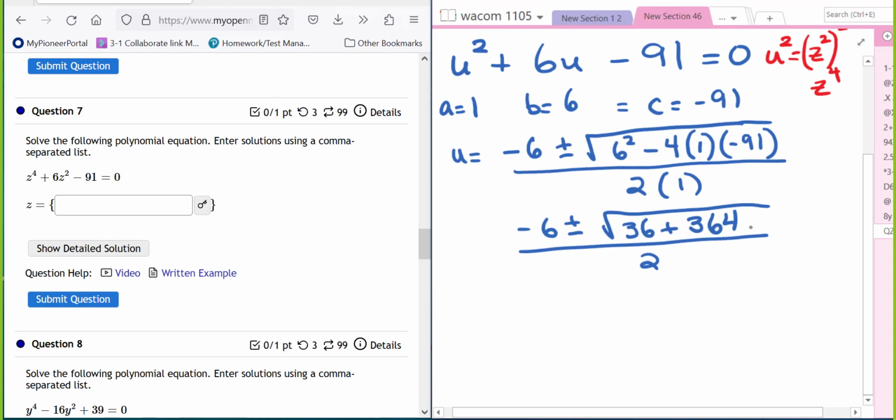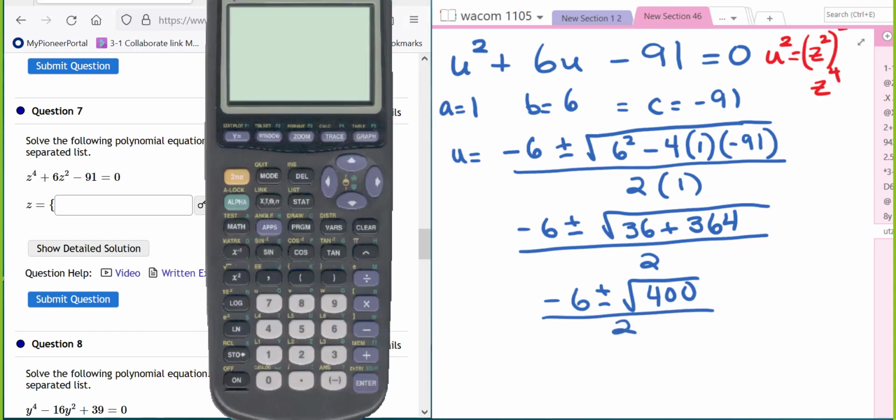And so this is going to give us 400. And 400 is a perfect square.